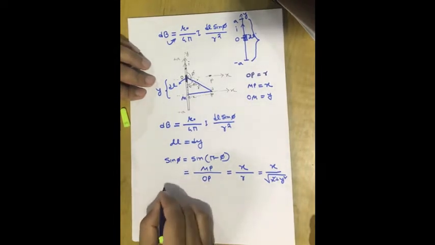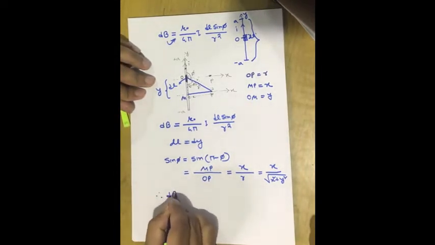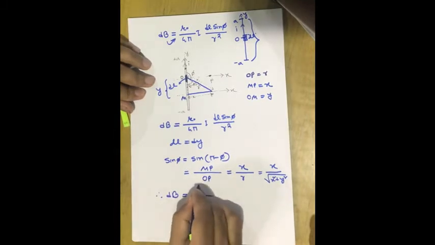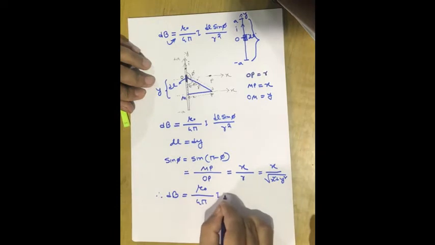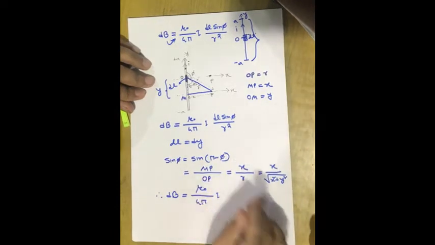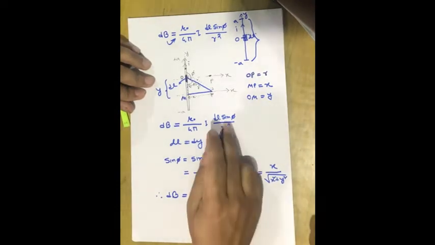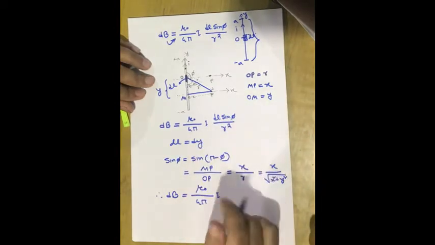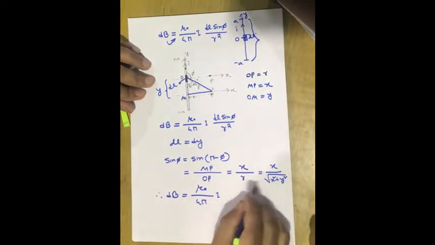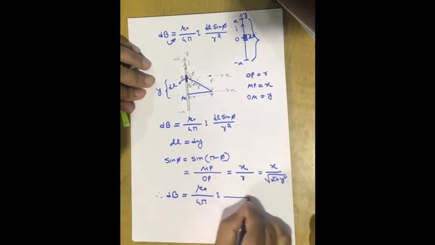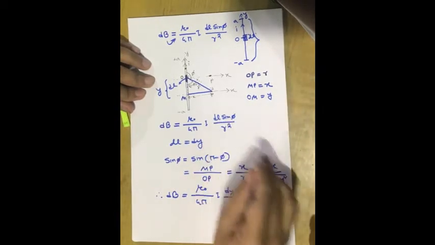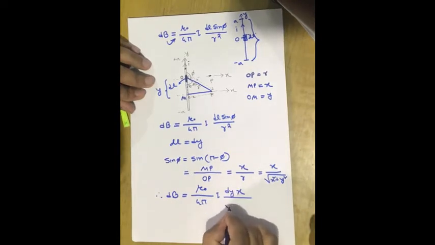Okay, so dB is equal to mu naught divided by 4 pi into I into, in the place of dl we'll write dy, and in place of sine phi we'll write x divided by root x square plus y square.